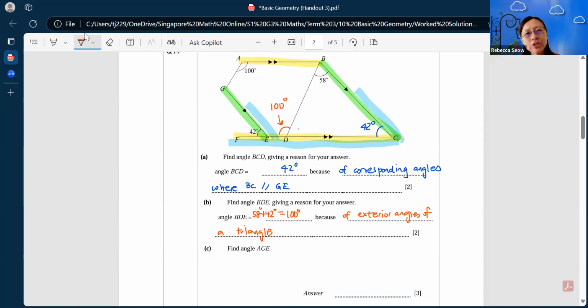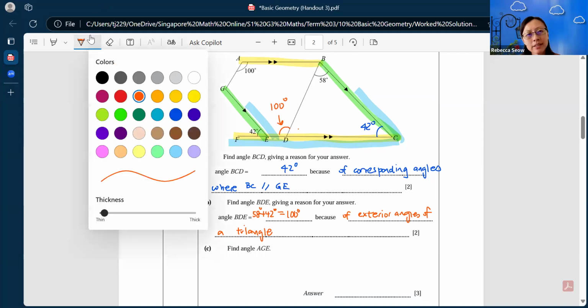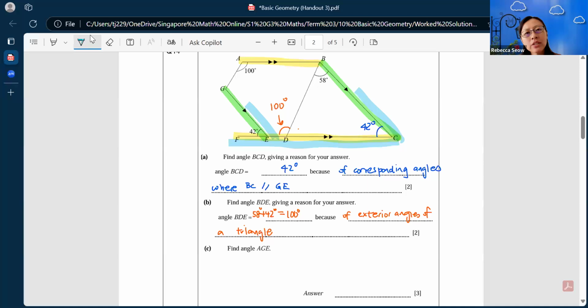Find angle AGE. Let's use another color. AGE. So we are looking at this angle. How are we going to find it? So this is a wide angle, obtuse.